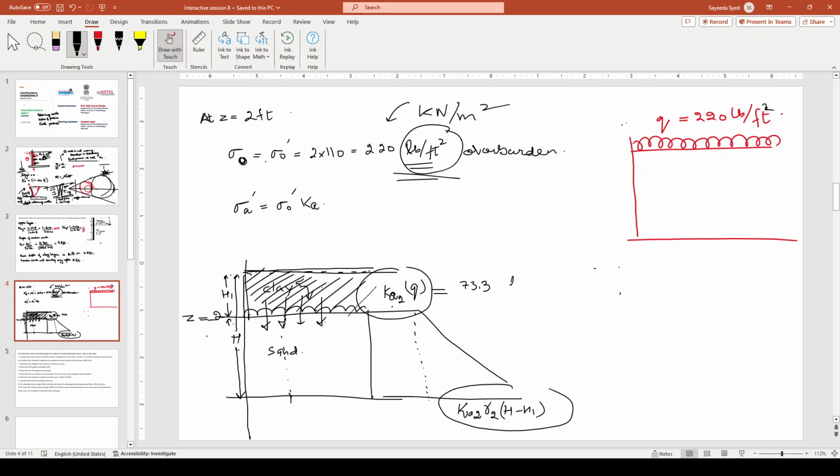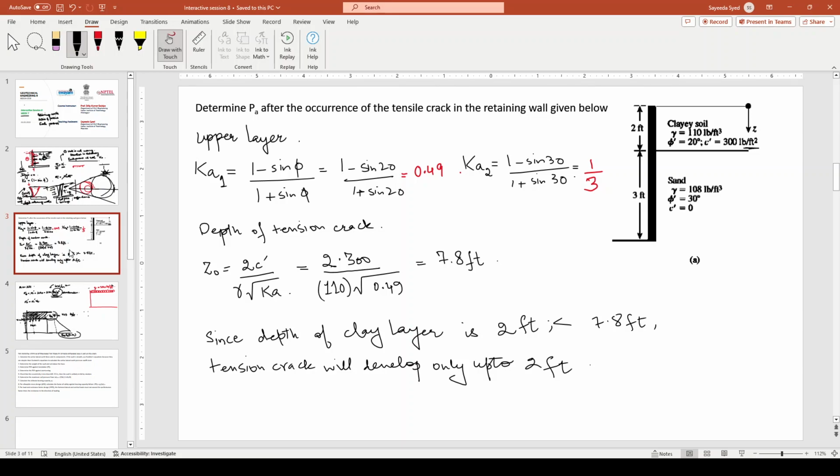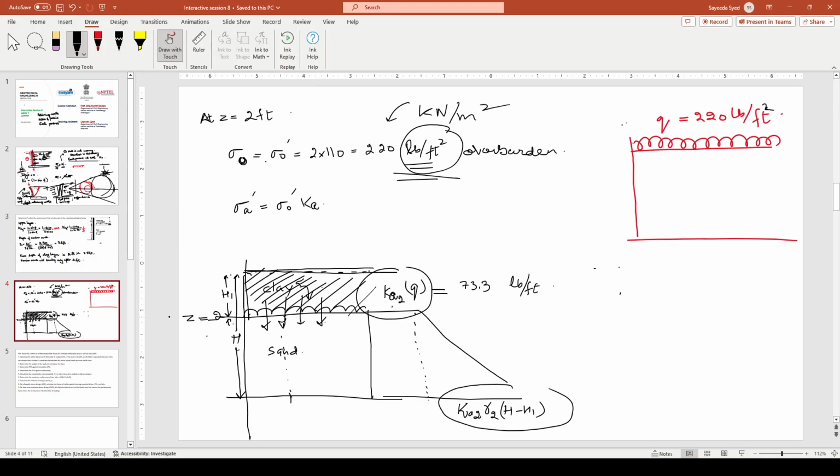So we will get here 73.3 pound per feet, and at the bottom it will be 1 by 3 into 220 plus gamma 2. How much is gamma 2? 108. 108 into 3.